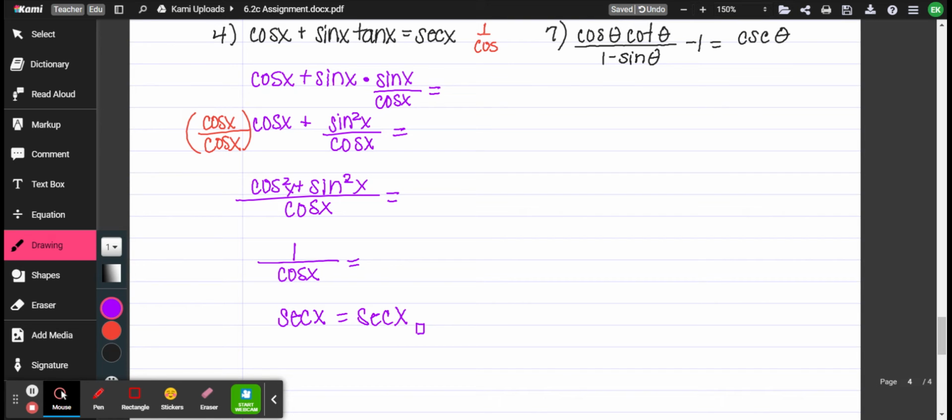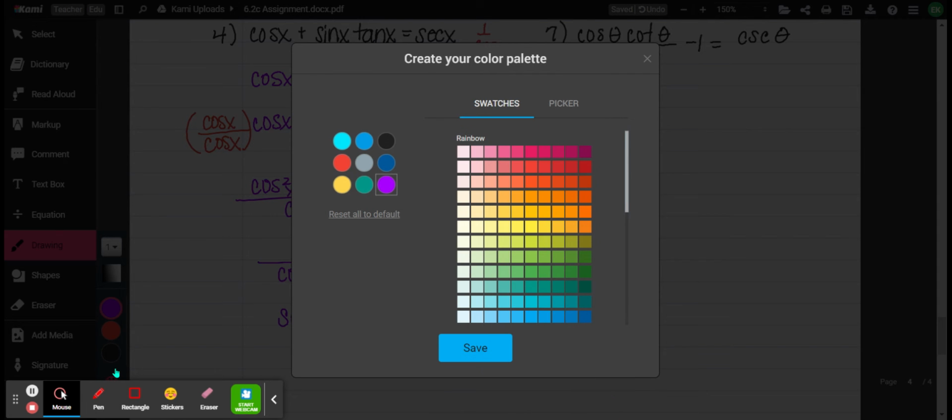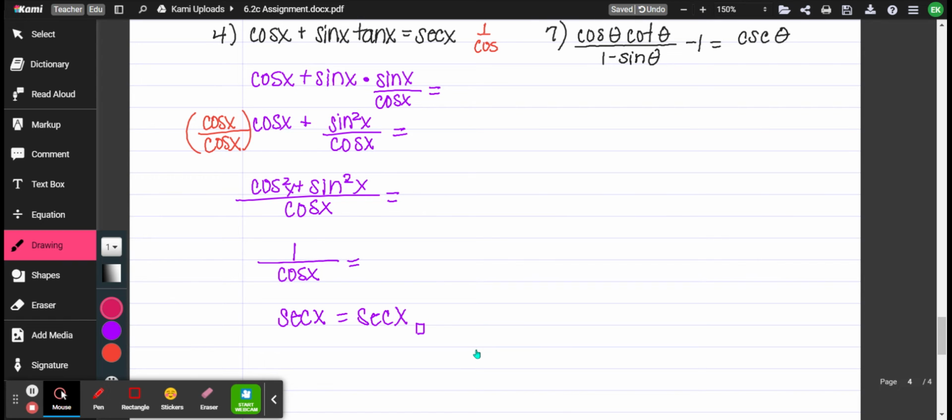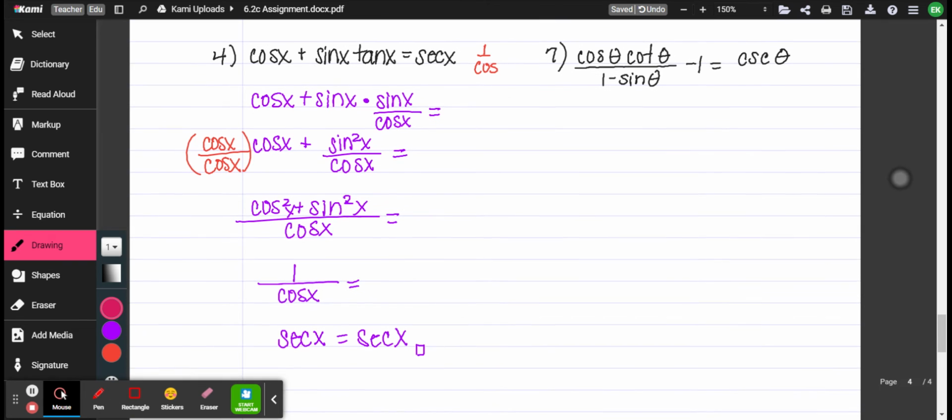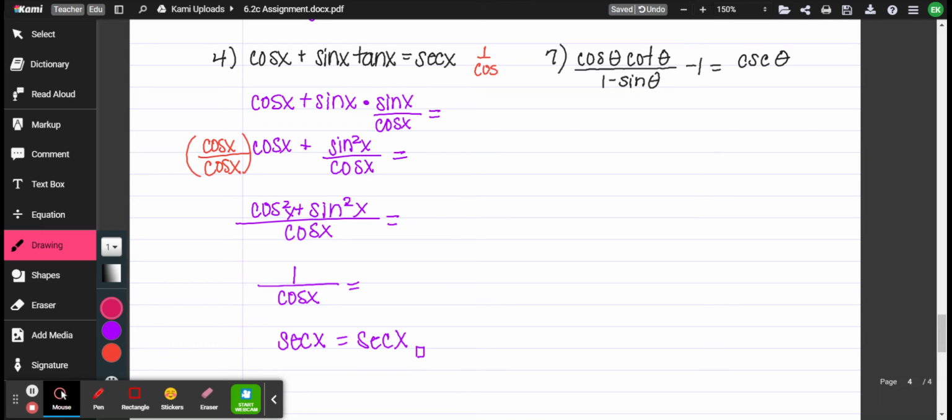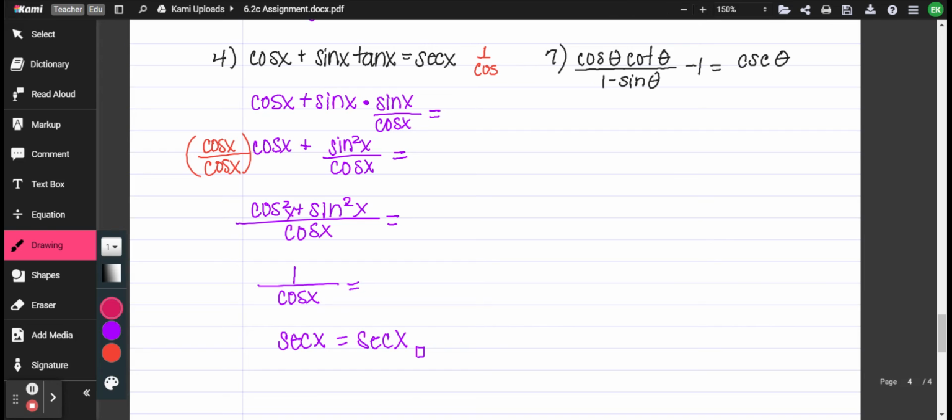Let's look at also number 7 here. Again, I want to work on the left-hand side to try to simplify it so that it looks like the right-hand side, okay? So I'm going to start, let's see, what might be a good thing to do.